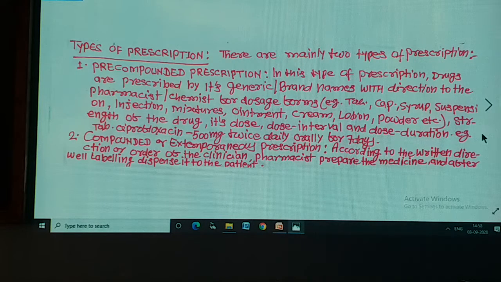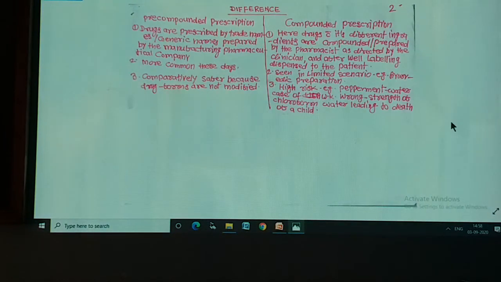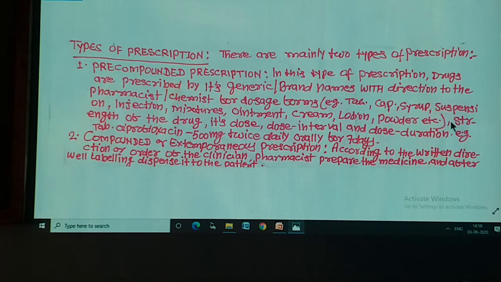The next type of prescription is compounded or extemporaneous prescription. According to the written direction or order of the clinician, the pharmacist prepares the medicine and, after well labeling, dispenses it to the patient.